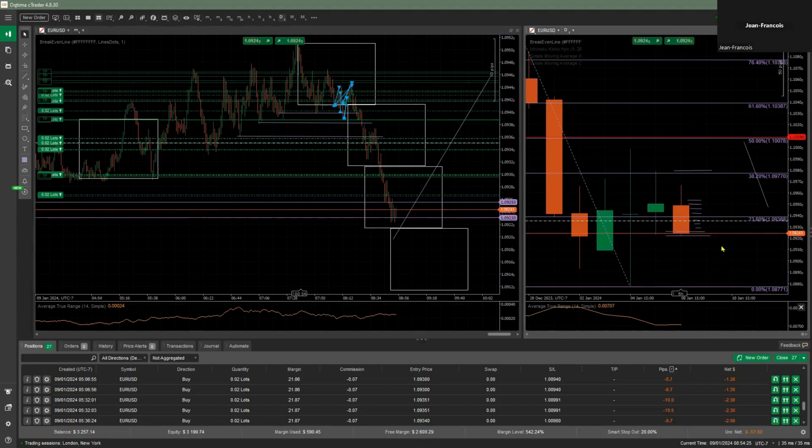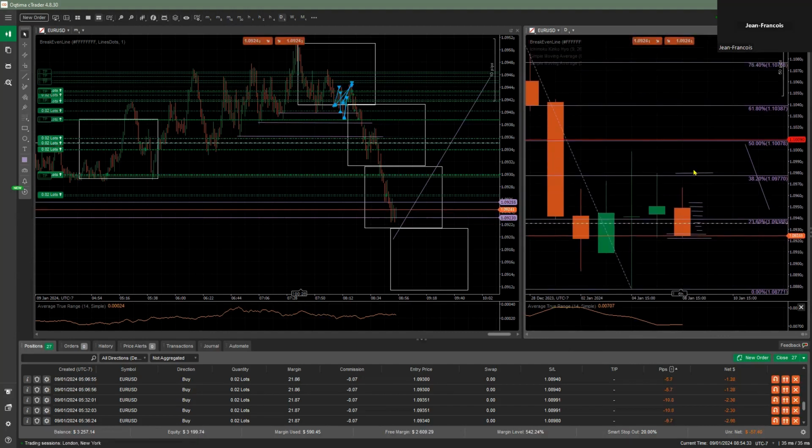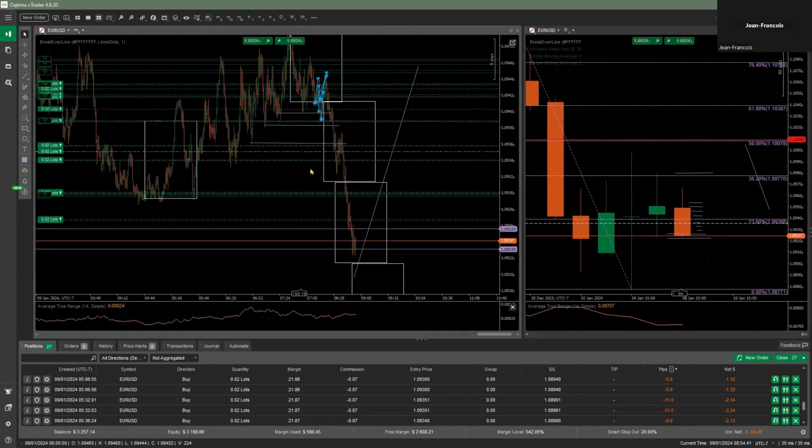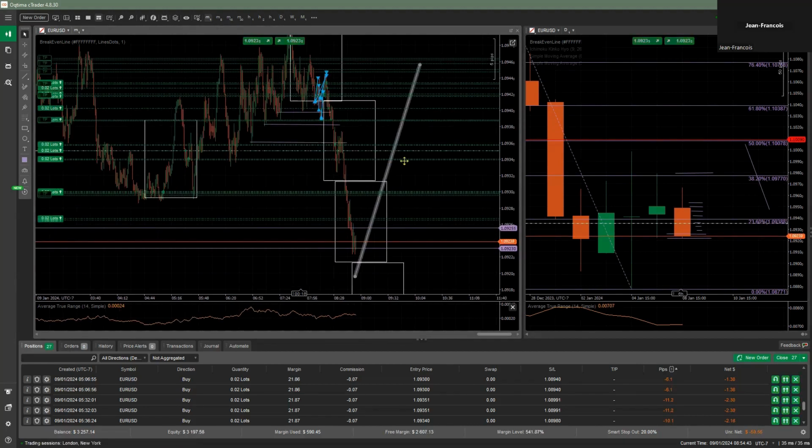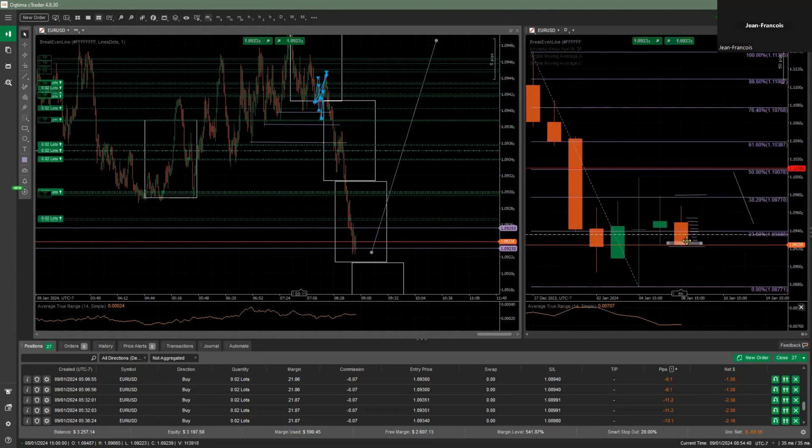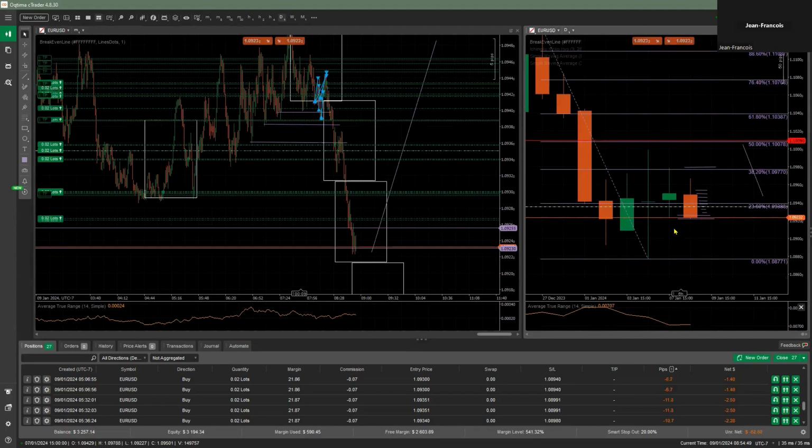There's a lot of work left to be done here. Right? It can happen to the bottom, 3 more boxes. It can happen to the top, 3 more boxes. Right? We don't know. You just got to prepare for both. And what I've done is I've prepared for the bullish side, and I'm ready to survive the bearish side.